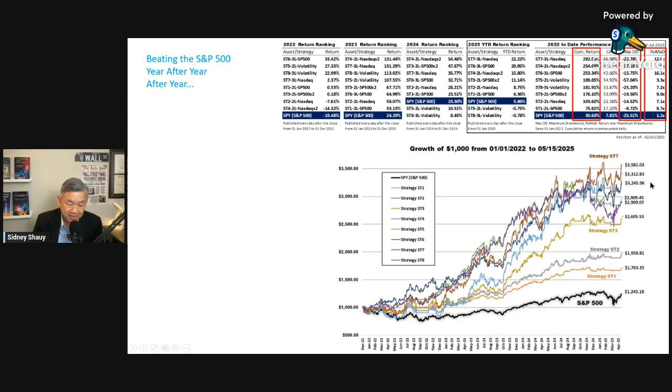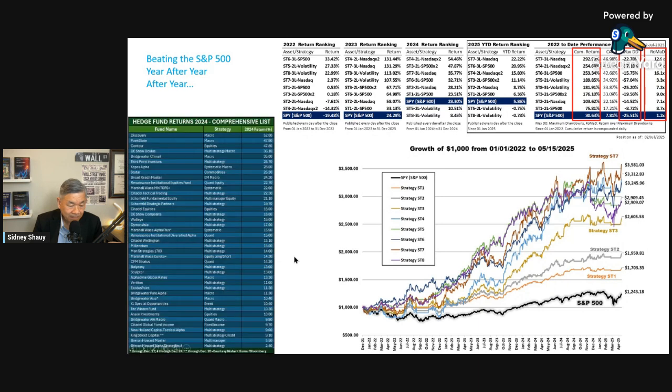This is just an illustration from when we started on the 1st of January 2022. This one goes to May 15. You see the S&P 500. Pretty much all the strategies, long term, are beating the S&P 500.